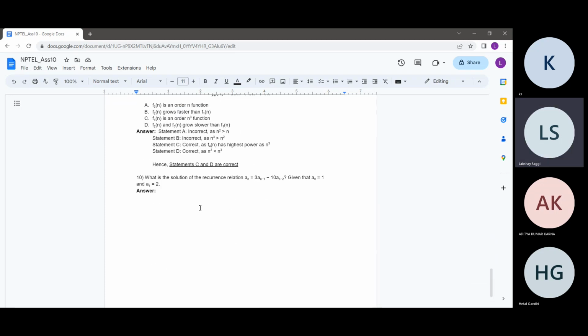So this is the recipe which we'll be using here. To find the characteristic equation, you just replace the a_n term by x squared, a_(n-1) by x, and a_(n-2) by 1.